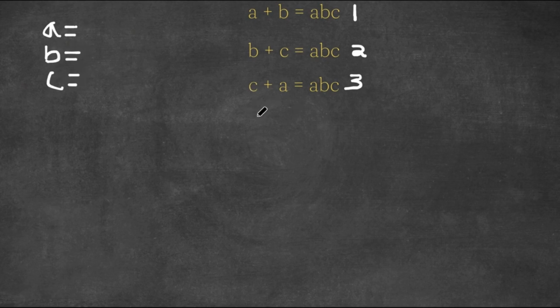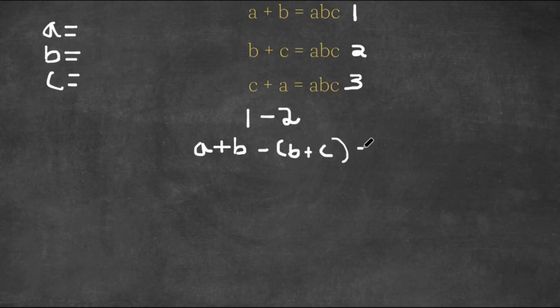So what we're first going to do is we're going to do equation 1 minus equation 2. So that would give us a plus b minus b plus c, and this is equal to abc minus abc.